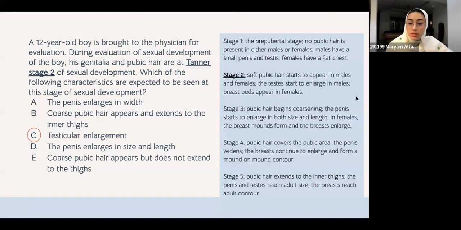One of the most common causes of early sexual development, let's call it, or abnormal sexual development, is congenital adrenal hyperplasia, specifically 21-alpha hydroxylase deficiency, which is an autosomal recessive condition.